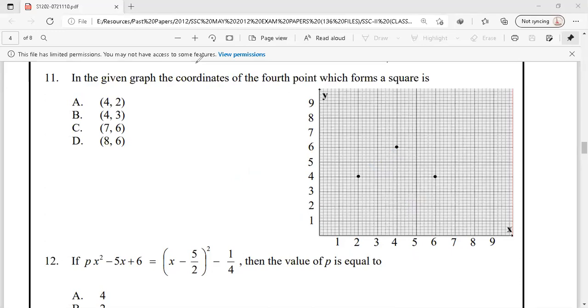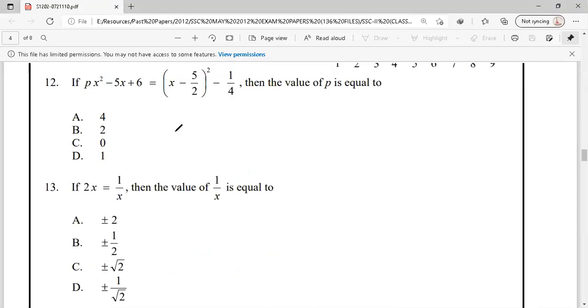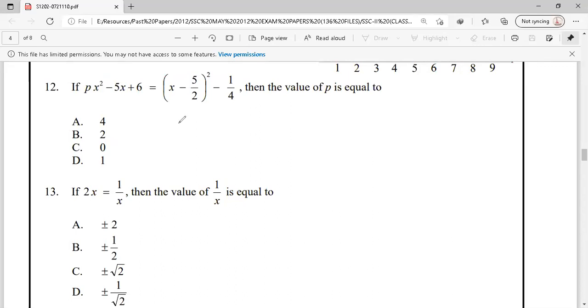Then let's come to question number 12. If this equation is equal to this, we have to find the value of p. The equation on the left hand side is px² - 5x + 6, and on the right hand side, let's solve this expression.